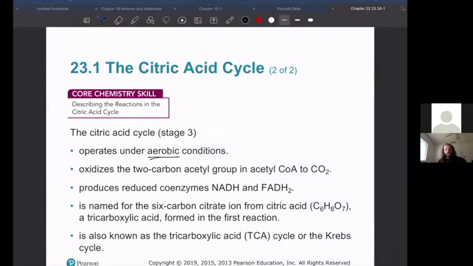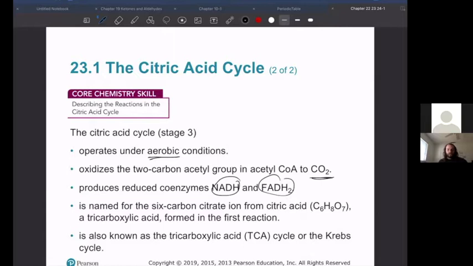What we're going to see is that acetyl-CoA gets oxidized and what's released is carbon dioxide. This also produces NADH and FADH2, which will go on to the electron transport chain and produce ATP. So this is another way of indirectly creating energy in the form of NADH and FADH2.